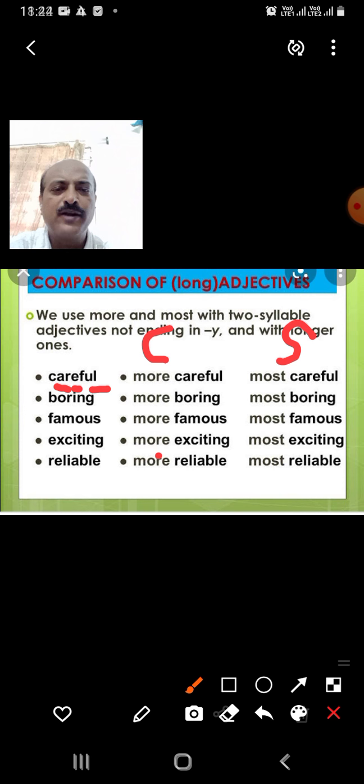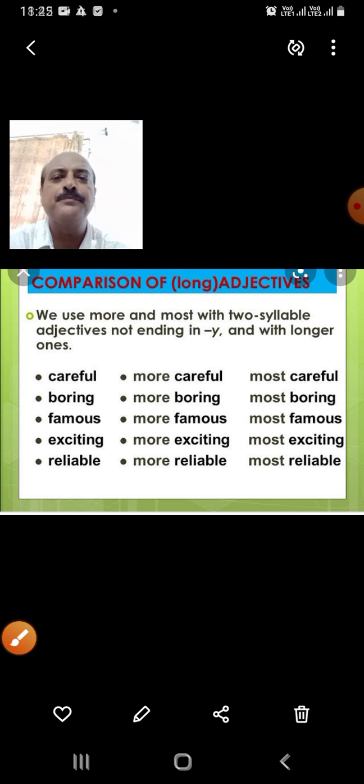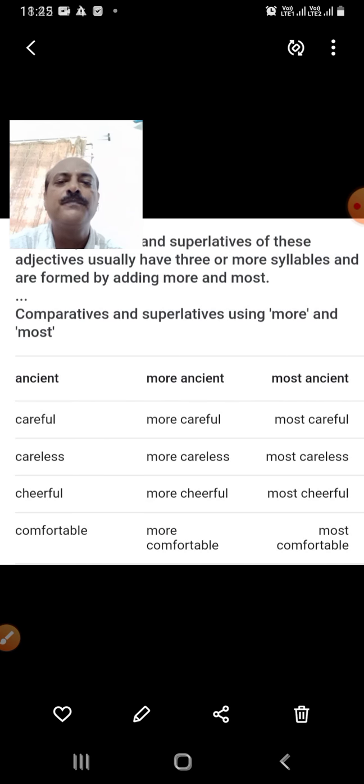Exciting, more exciting, most exciting. Reliable: E, I, A, E, there are four vowels. So more reliable and most reliable. So here students, you have seen in these examples that we use more in comparative and most in superlative when there are three or more vowels.